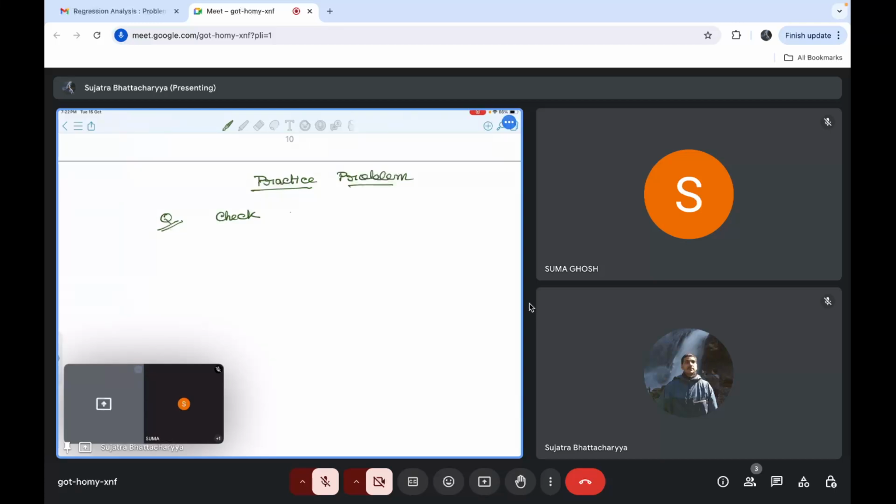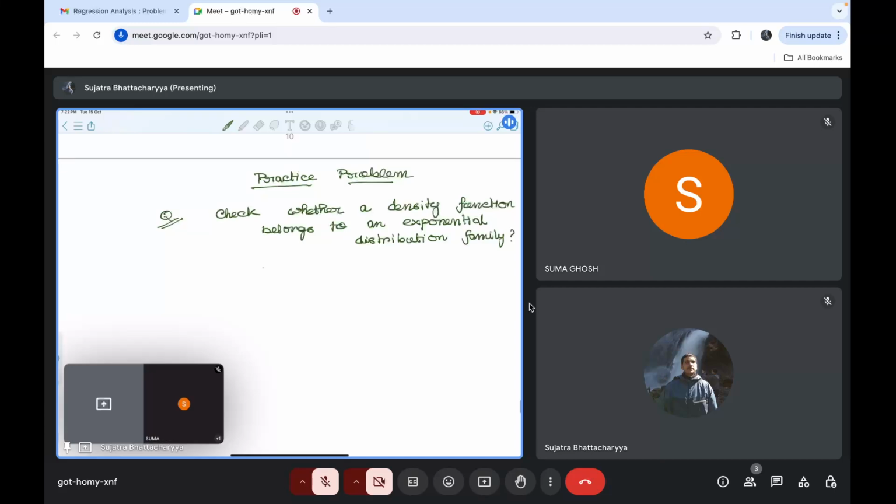Okay. So the question is: check whether a density function belongs to the exponential distribution family or not. What is the density function which is given?